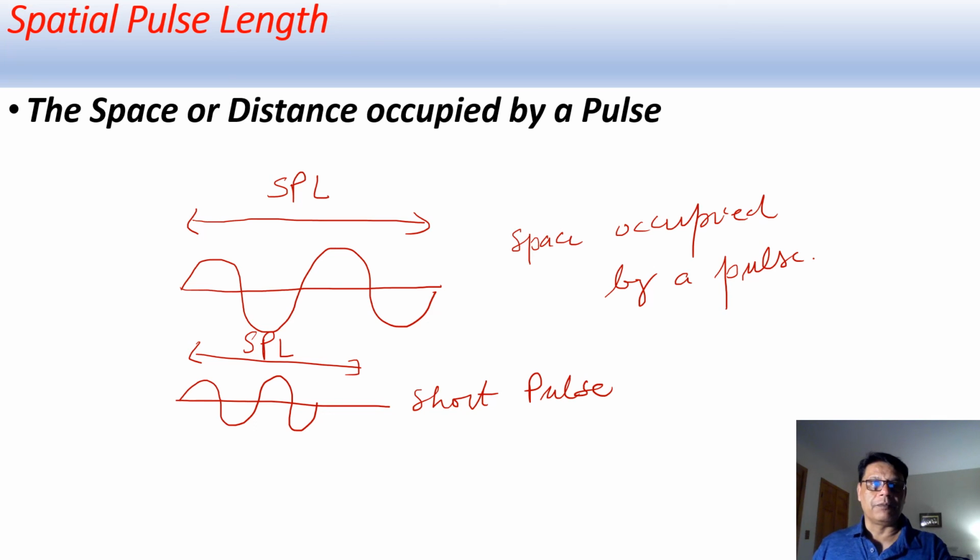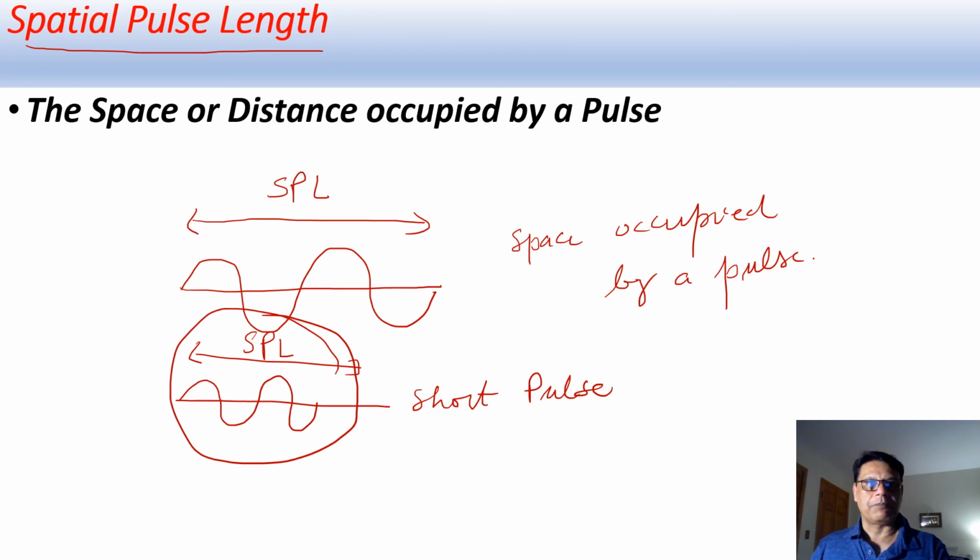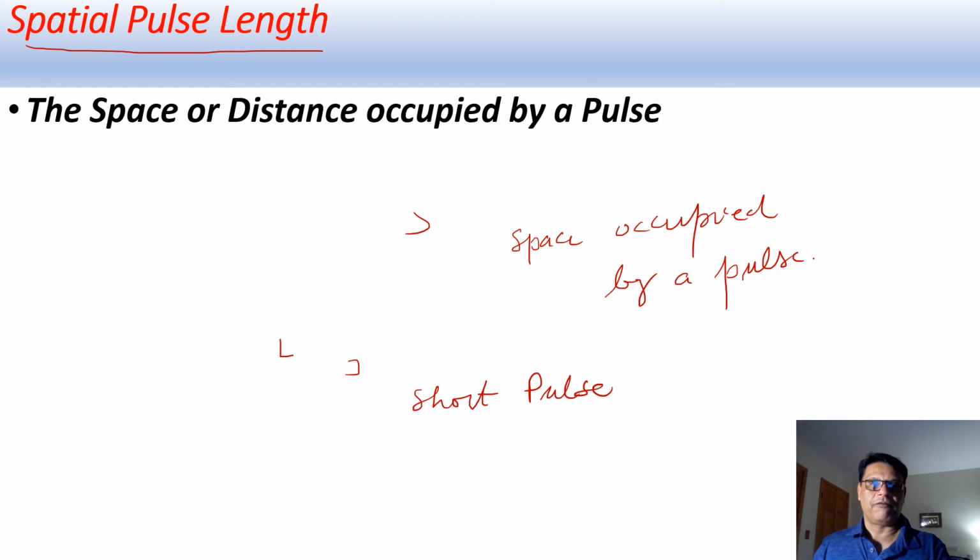But in ultrasound imaging, we are interested in small pulses. So the pulses that have small spatial pulse length are needed in ultrasound imaging. They are our favorite.